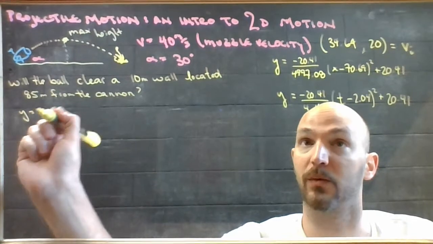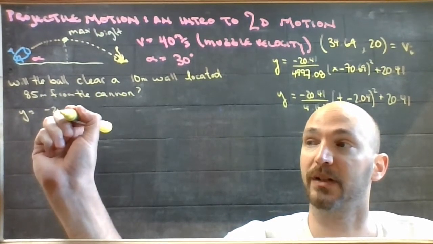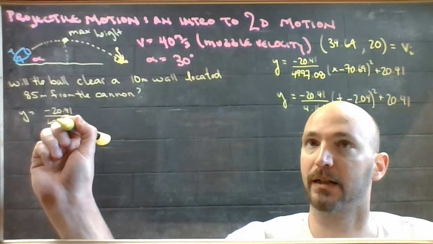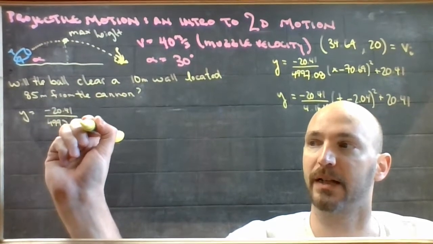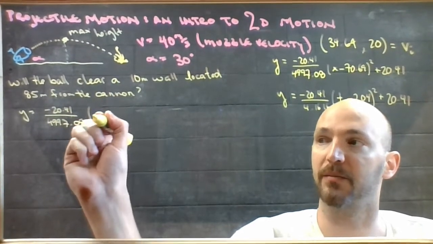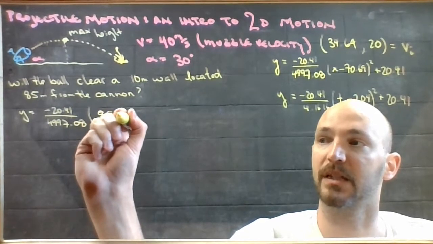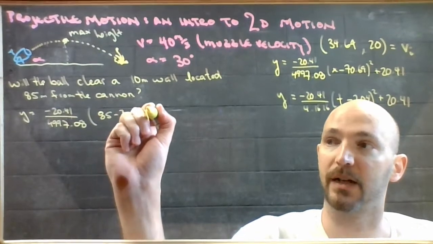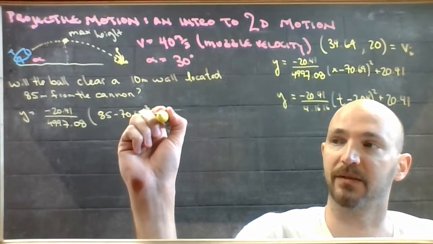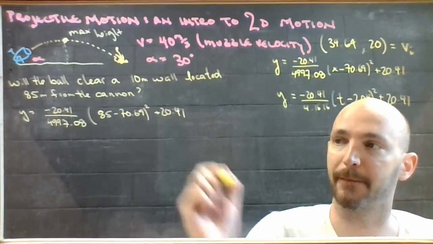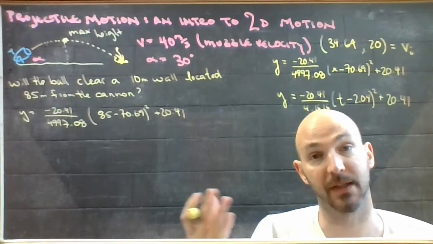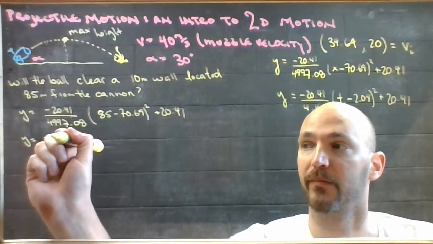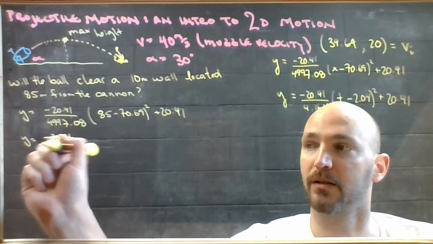Y equals negative 20.41 over 4997.08 multiplied by 85 subtract 70.69 squared plus 20.41.